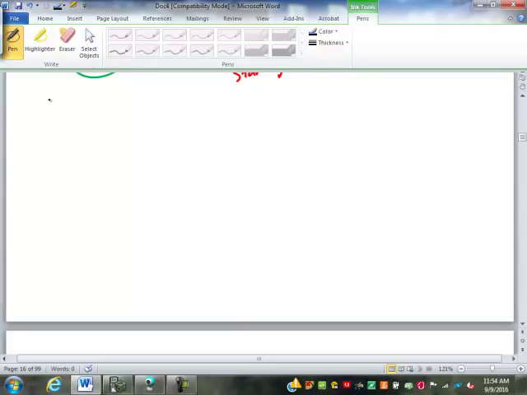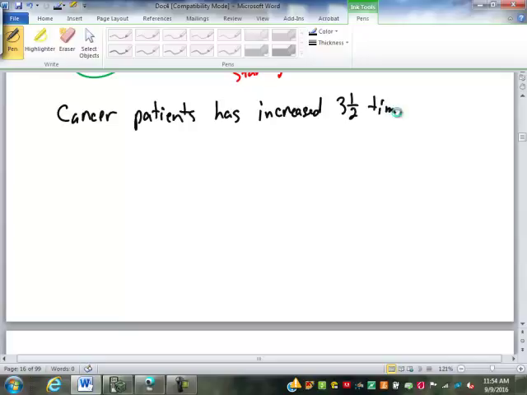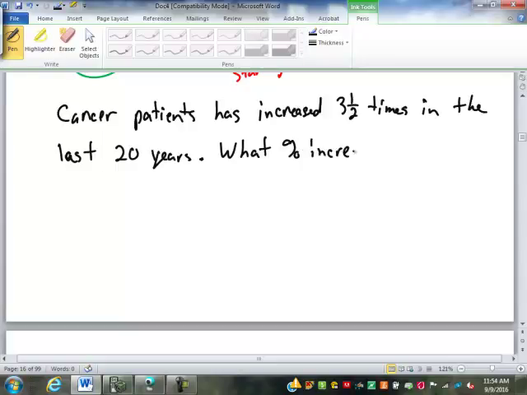Let's say that the number of cancer patients has increased 3.5 times in the last 20 years. What percent increase is this?